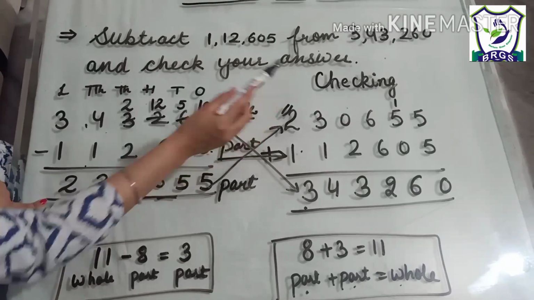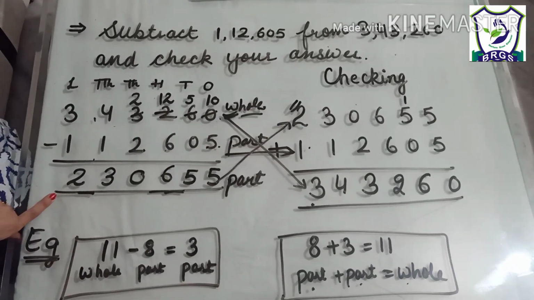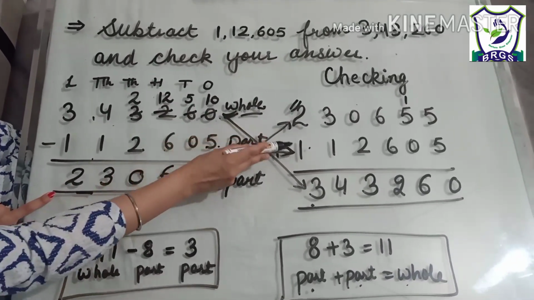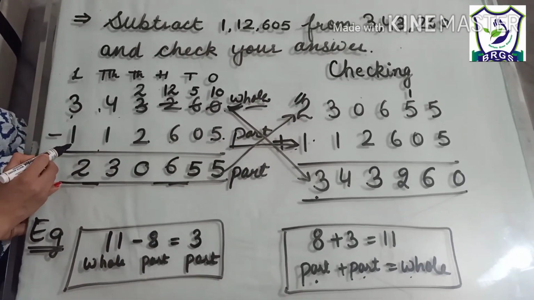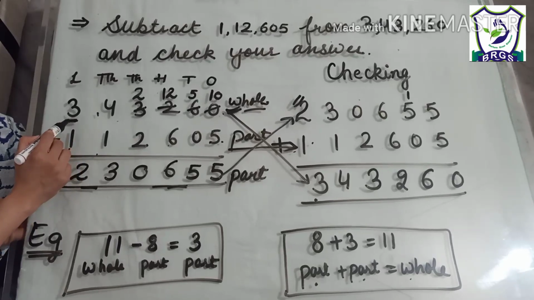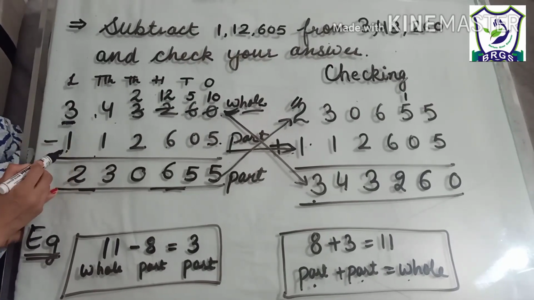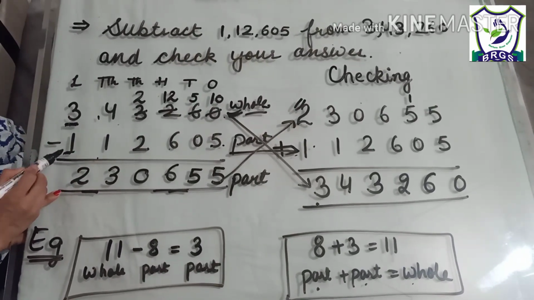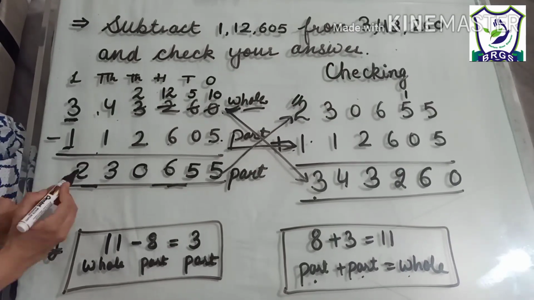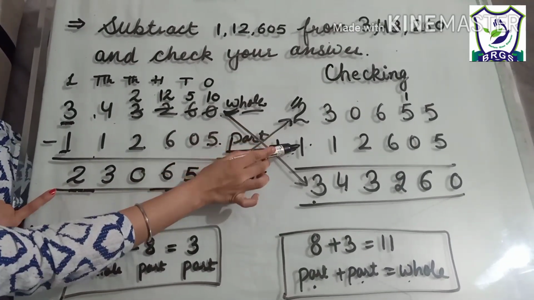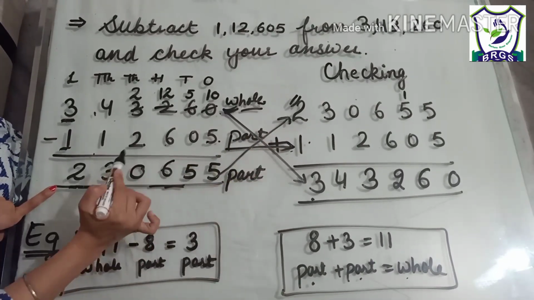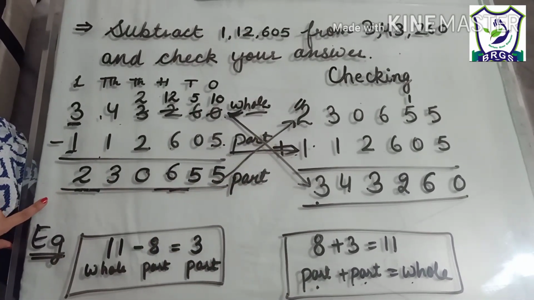Then to check your answer, you will do the addition of part plus part. The bigger number from which you subtract the smaller number will be your whole, another number will be your part, and the answer you get during subtraction will be your part. So on adding part plus part, you will get the whole. This is the way you can check your answer.